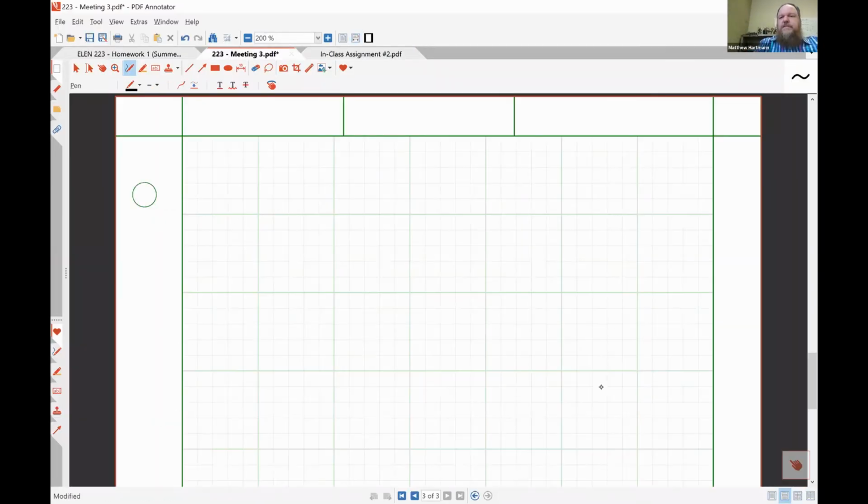Let's look at this guy. Q of t was 17.7 t squared minus 3.5 t to the 4th power coulombs.